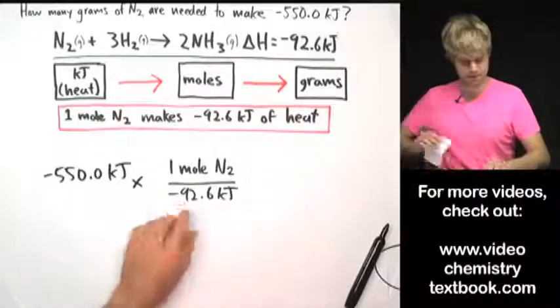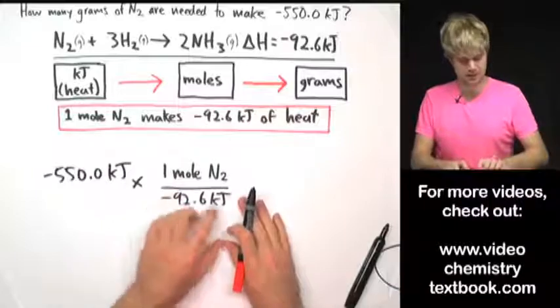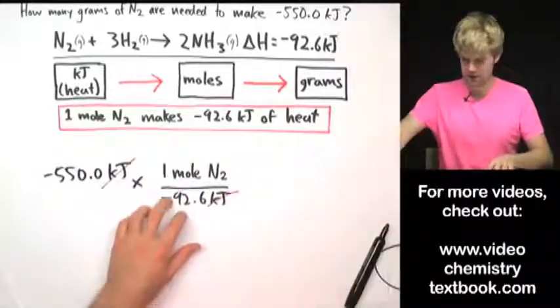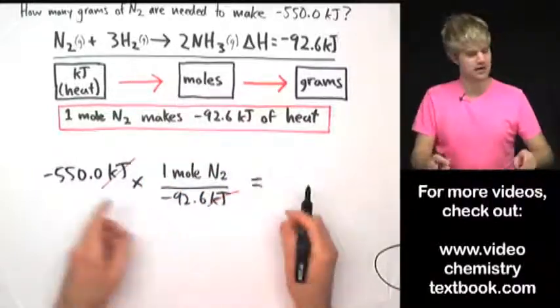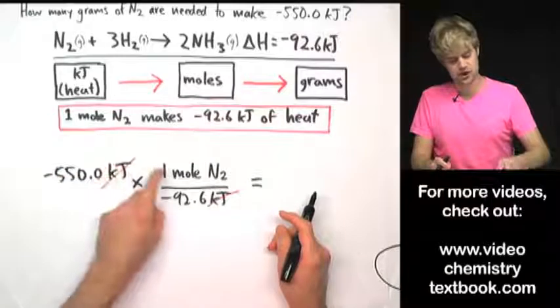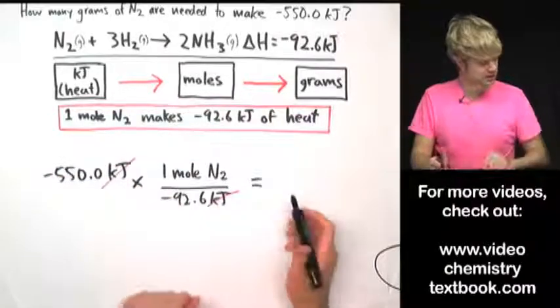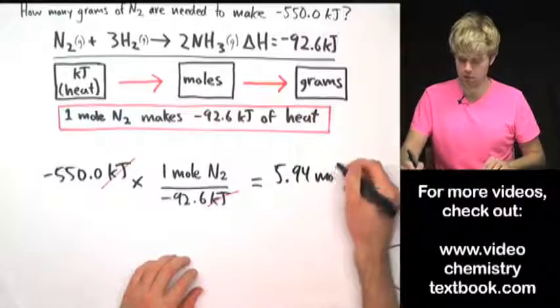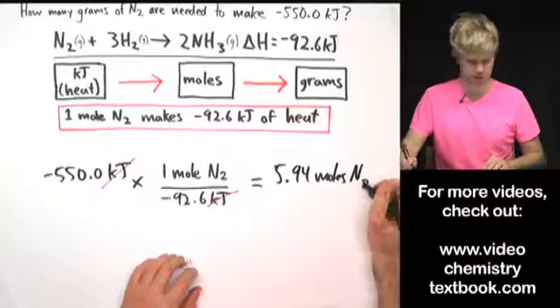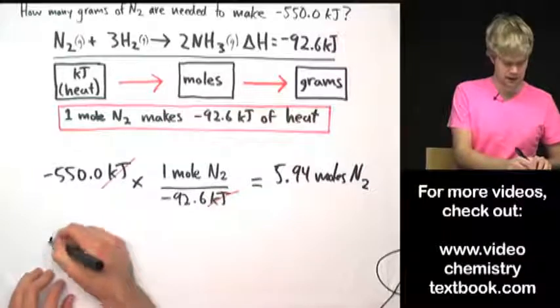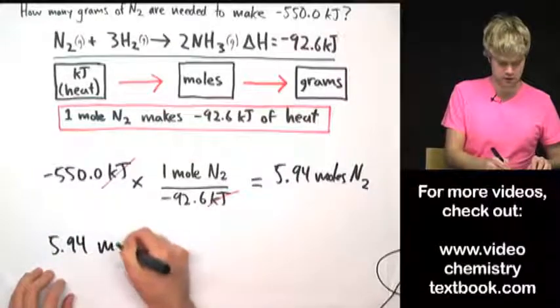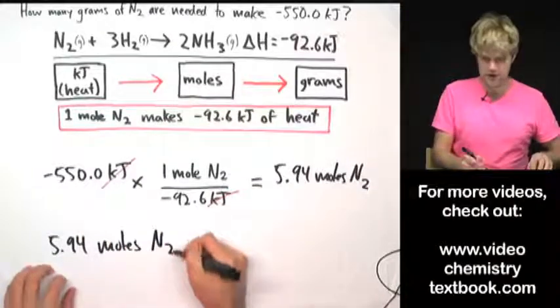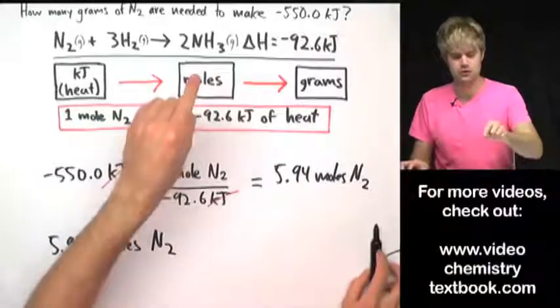It's going to be this one, kilojoules on the top, kilojoules on the bottom. They cancel out, and when I do the math, negative 550 times 1 divided by this, I get 5.94 moles of N2.